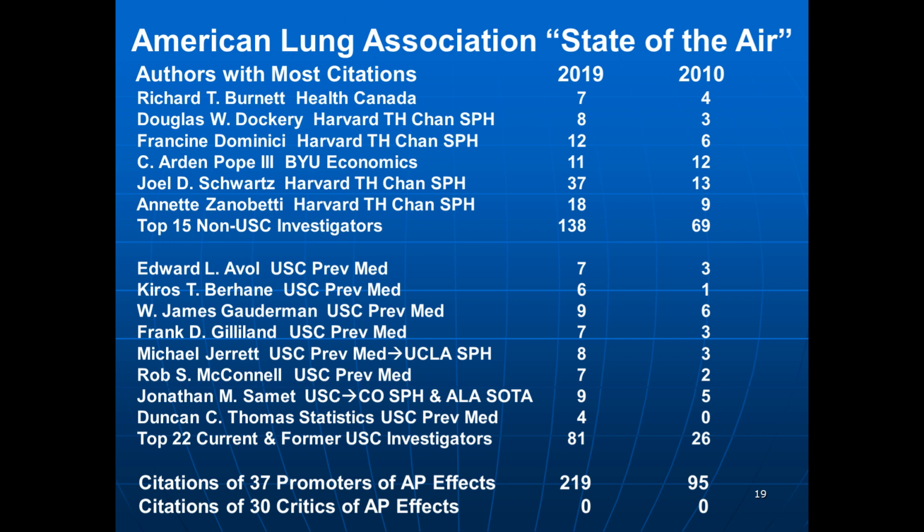So the citations are all by the activists. If you look at the citations of critics, like myself and Professor Phalen, we're still at 0. So this publication has no credibility, in my view, and yet it's distributed to all the newspapers and so forth every year. But that's how biased the situation is.